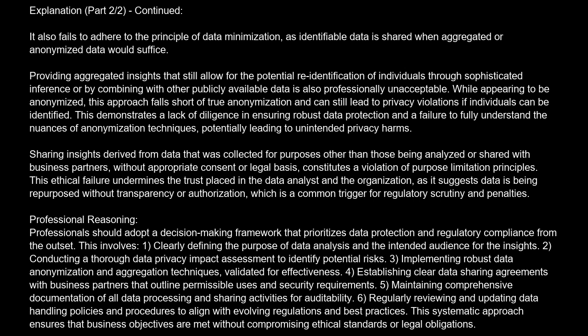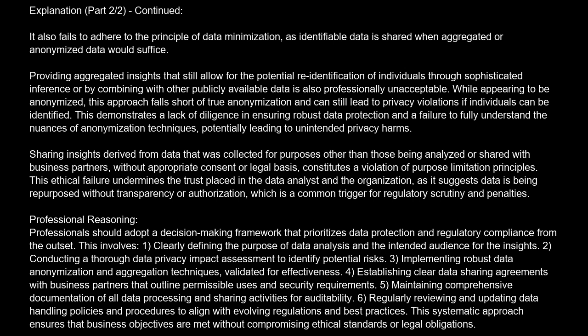Professional reasoning. Professionals should adopt a decision-making framework that prioritizes data protection and regulatory compliance from the outset. This involves: 1. Clearly defining the purpose of data analysis and the intended audience for the insights. 2. Conducting a thorough data privacy impact assessment to identify potential risks. 3. Implementing robust data anonymization and aggregation techniques validated for effectiveness. 4.